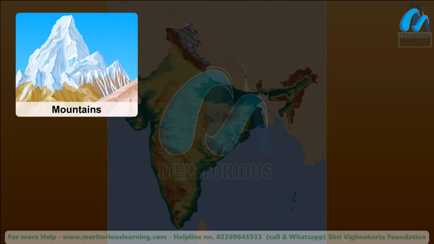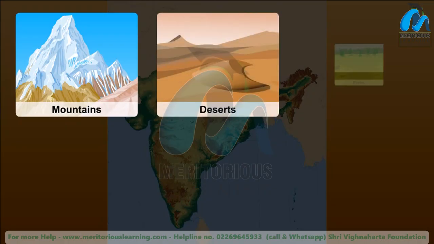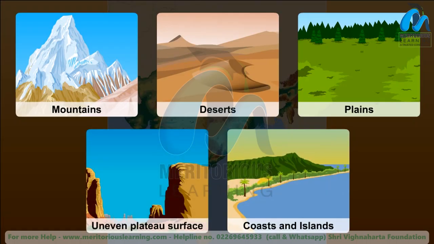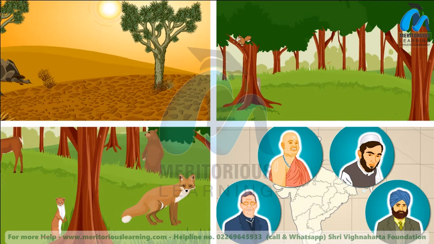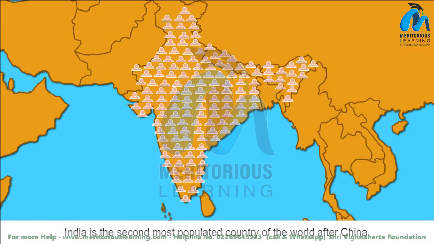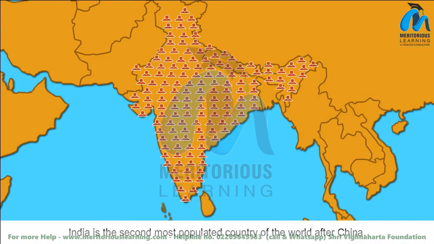It has mountains, deserts, plains, uneven plateau surface, coasts and islands. You can find here a great variation in the climate, vegetation, wildlife, language, and culture. India is the second most populated country of the world after China.